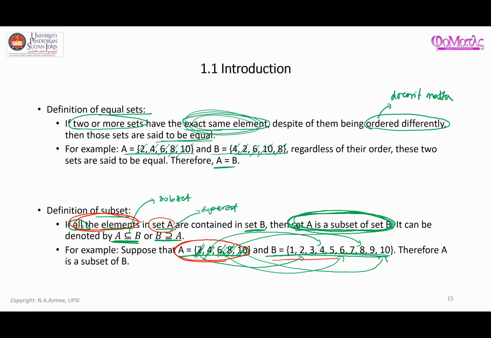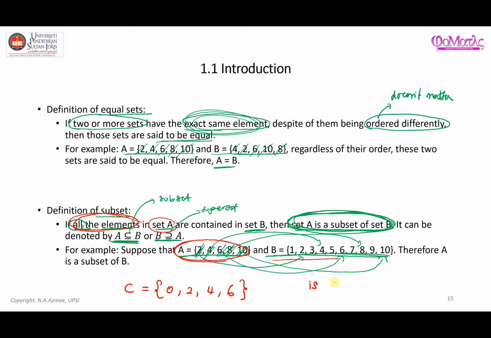Now, let's say I have another set, C, where you have the following elements, like maybe 0, 2, 4, 6. Now let's try to see whether C is a subset of B or not.